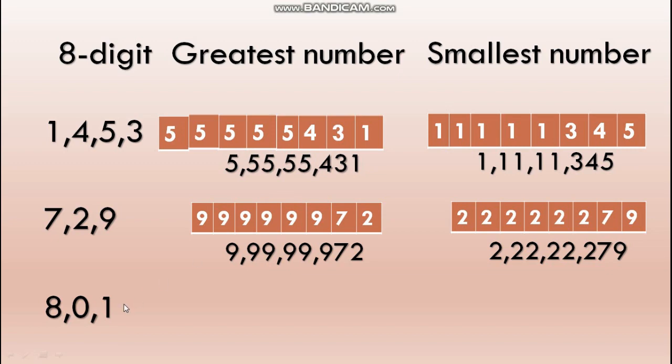Let's take this example. Now you know the rule of 0. If 0 is there, in case of forming the smallest number, what do we do? We don't put it first. We take it as the second digit. So let's form the greatest number. First step, arrange these digits in descending order and put them at hundreds, tens and ones place.